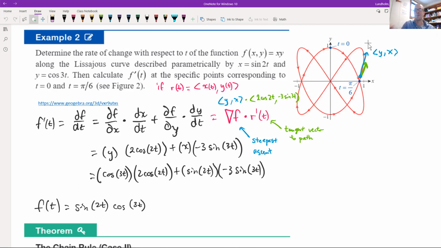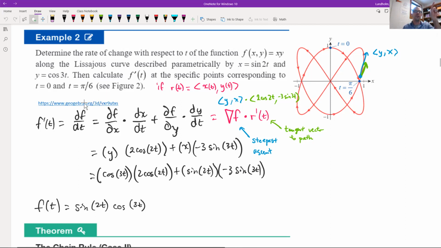It's going to make more sense when we actually look at this in 3D, but the gradient vector and this tangent vector are actually two-dimensional vectors that you could visualize in a two-dimensional plane.